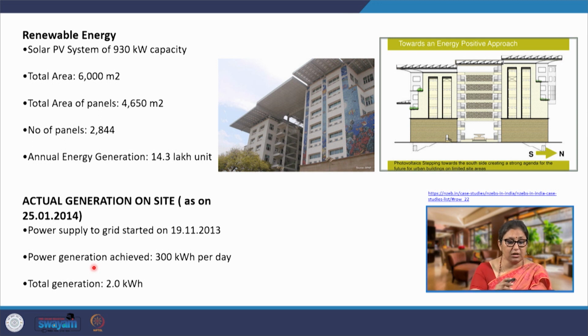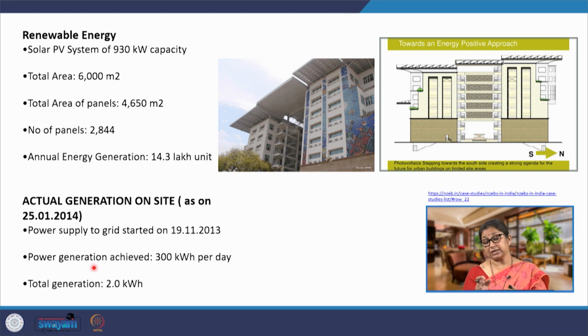And overall, the solar PV system of 930 kilowatts capacity is installed, and the actual generation, it produces around 300 kilowatt hour per day. So, which is significantly high given the small footprint that this building has. So, overall this building achieved an absolute net zero energy status, and in certain months it becomes energy positive as well, it sends back to the grid.